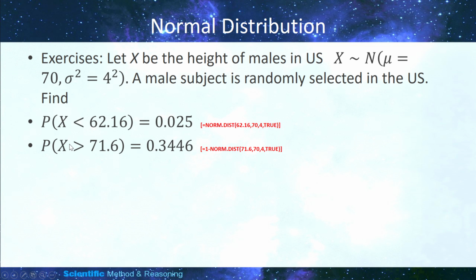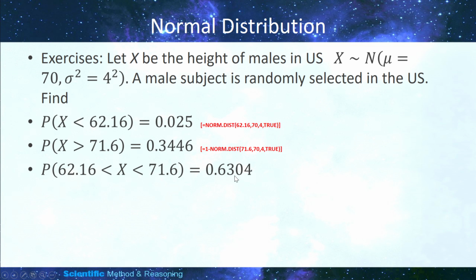And what is the probability that a randomly selected subject in the United States has a height greater than 71.6? You can find this probability easily using this function, and it's found to be 0.3446 and so on. And what is the probability that a randomly selected subject will have a height that falls between 62.16 and 71.6?